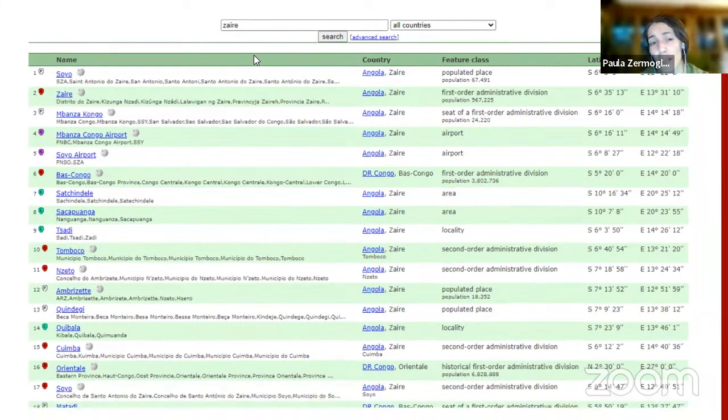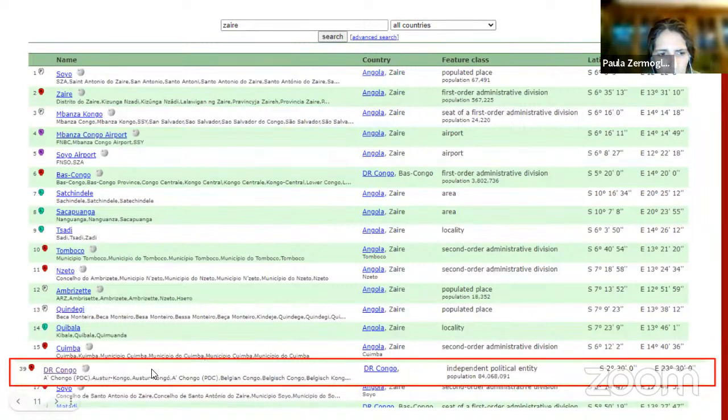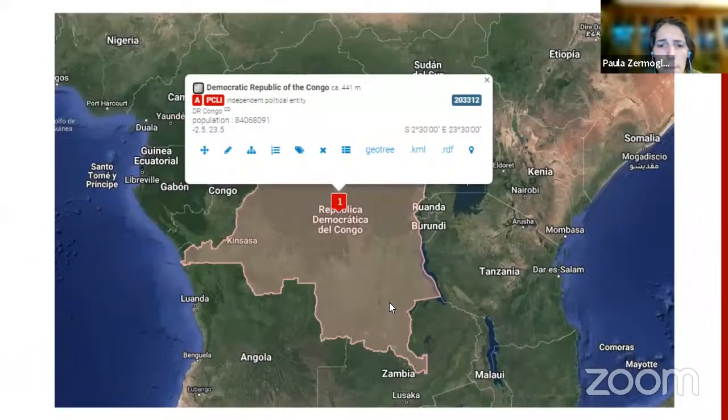Since I knew it referred to a country, I kept scrolling down, and at some point I found that indeed Zaire was applied at some point in time to a country, and that country is the Democratic Republic of Congo. So if we go to look into this record, Democratic Republic of Congo, we will find its current limits, extent, where the country is, what the country is.